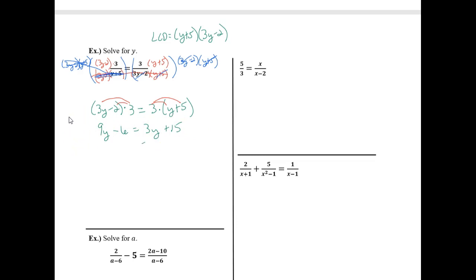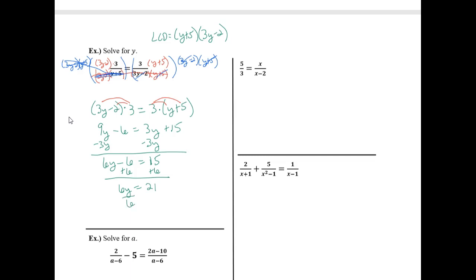I start by getting my variables on the same side. I subtract 3y from both sides. And now I have 6y minus 6 equals 15. Then I would add 6 to both sides. So 6y equals a positive 21.